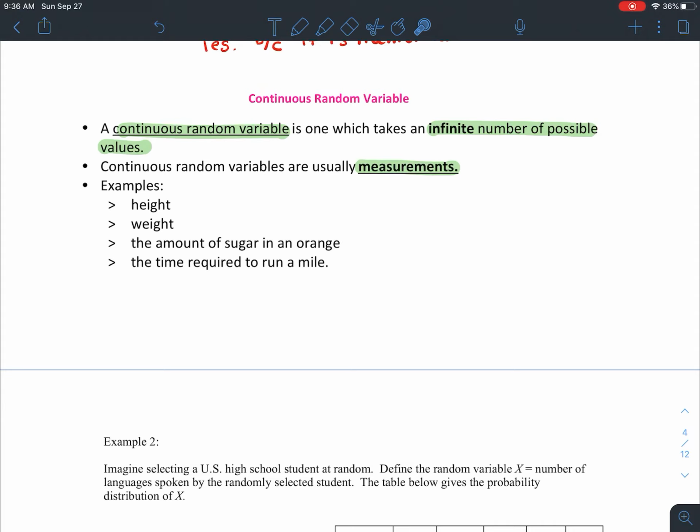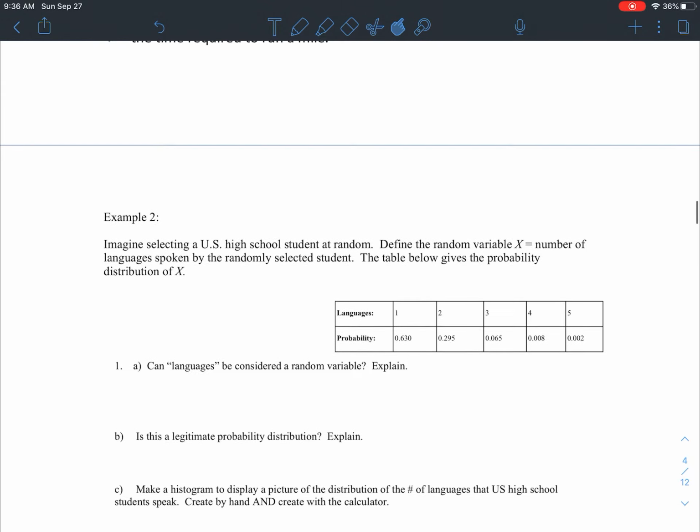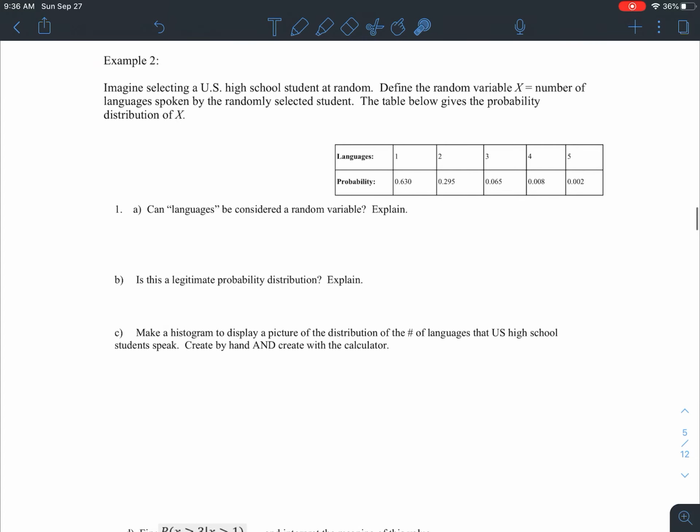When you think about measuring something, for example, someone's height or someone's weight, or maybe the amount of sugar contained in, say, an orange, these are values that could really take on an infinite number of decimals, fractions across a range there. Okay, so these are examples of a continuous random variable.